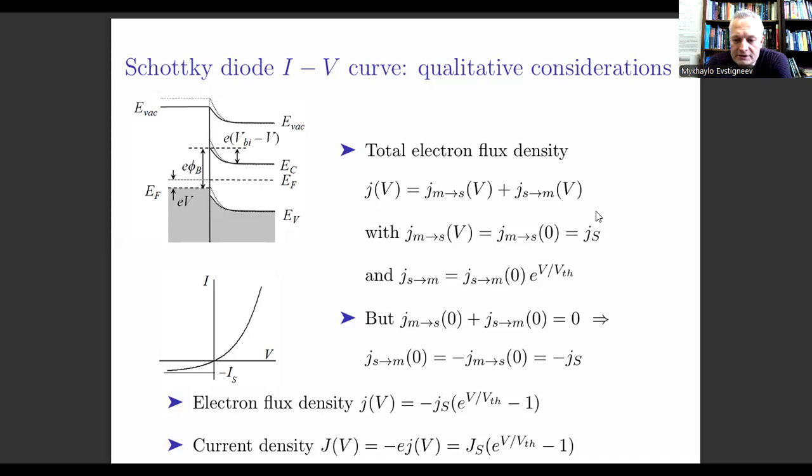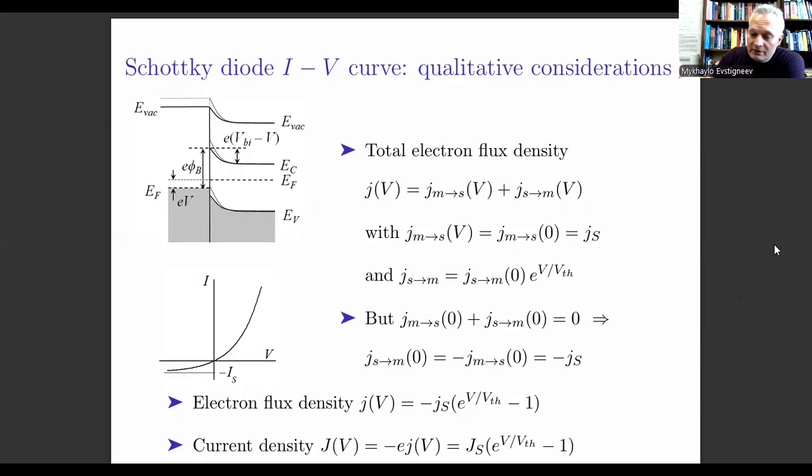And let us call this metal to semiconductor flux the saturation flux density of electrons. Now, it is fixed. Let us just call it J sub S, saturation flux density.